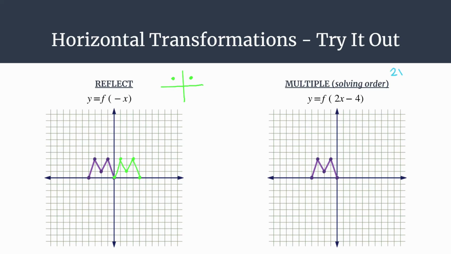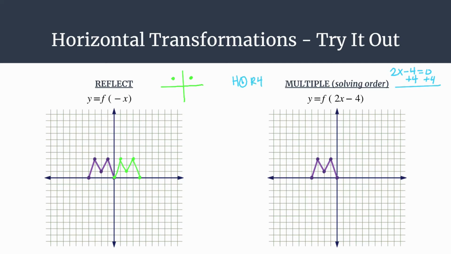If you use your solving order trick, you just take your horizontal transformations, what's within the parentheses, and think about doing this in the order that you would solve for x. We would first add 4 to both sides. So I'll make a note of this: for our horizontal transformations, first we move right 4.